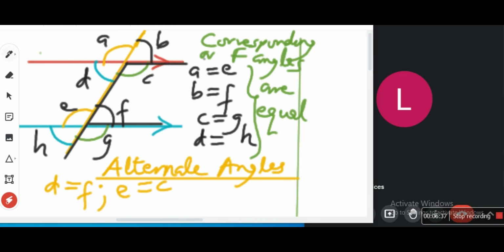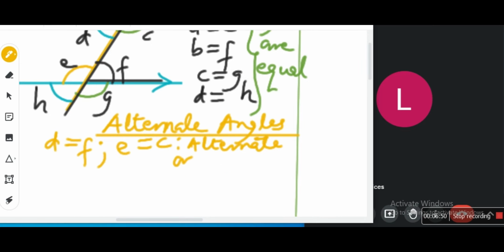And they are all called alternate angles. We've talked about F angles. We can now see Z angles. It forms a Z.